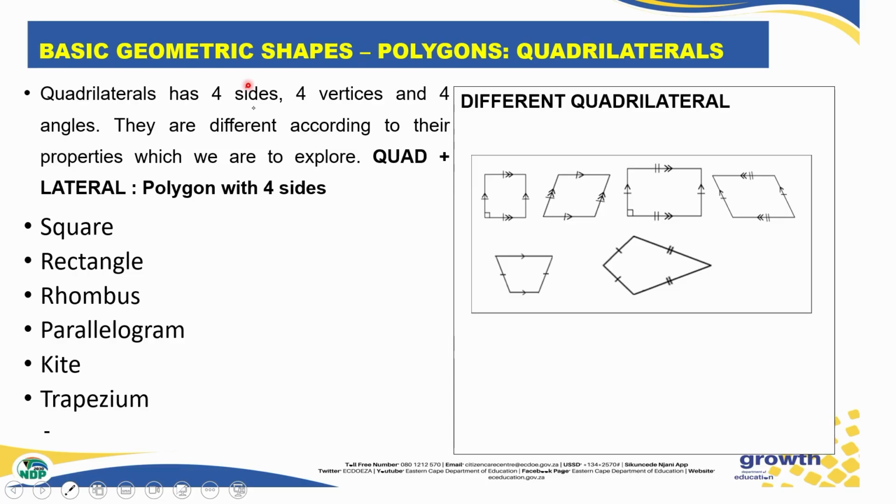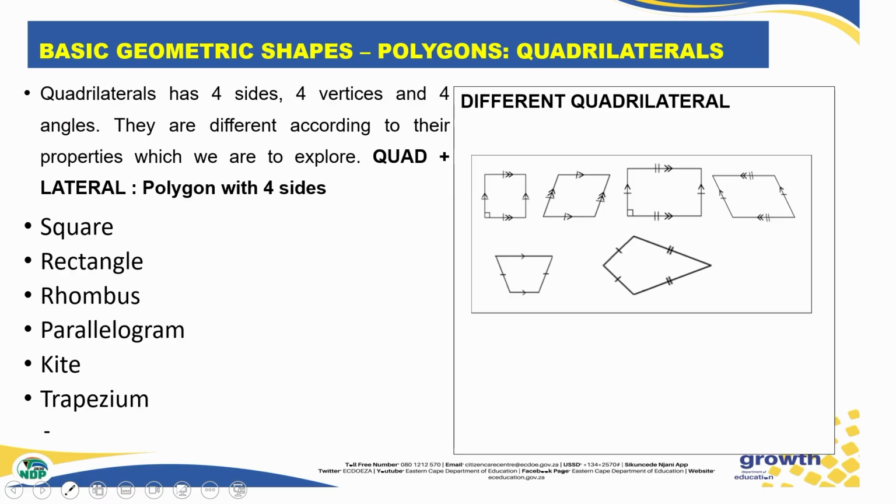Now, I said in my introduction, we're going to look at the 2D shapes. Which quadrilaterals are part of those 2D shapes? What makes quadrilaterals different from the triangles? Quadrilaterals are different because they have 4 sides, 4 vertices, and 4 angles.